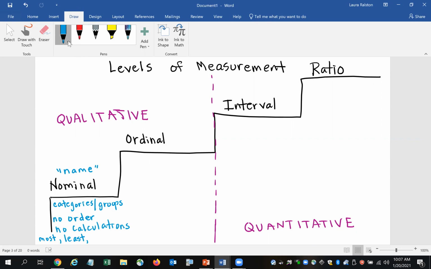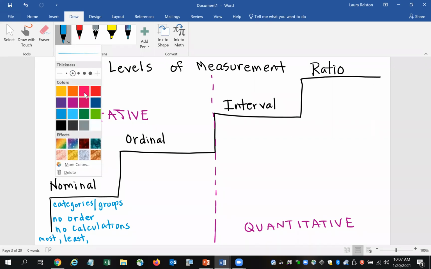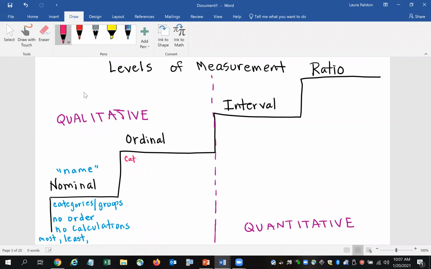As you move to the next level, which is still qualitative data, words and phrases, now you have the categories or groups, but you have a sense of order. Ordinal is the adjective form of the noun order.